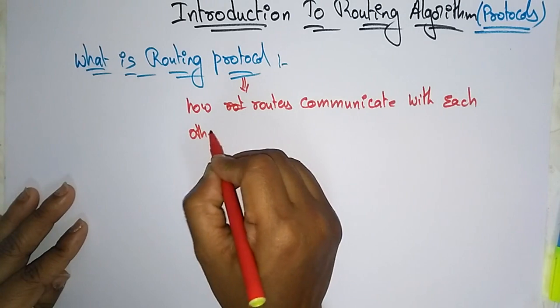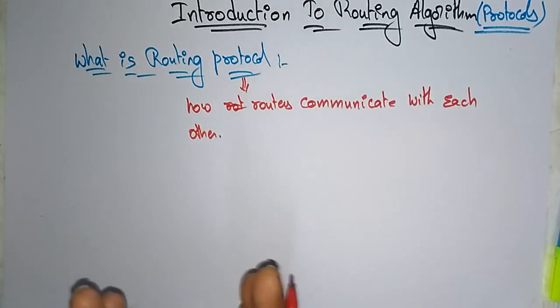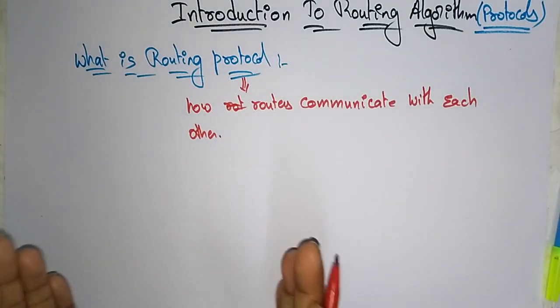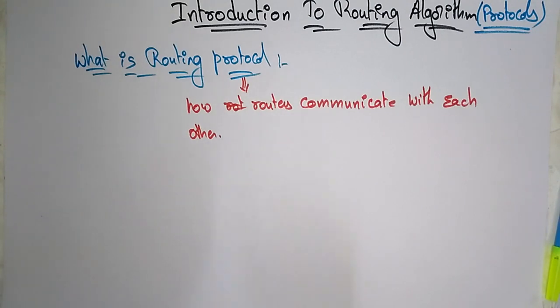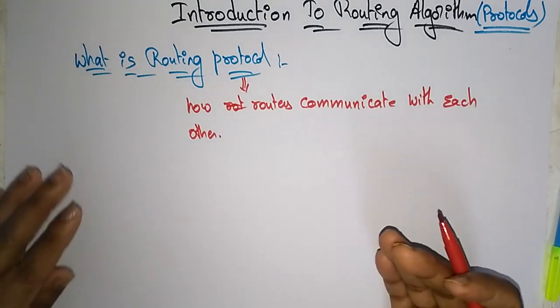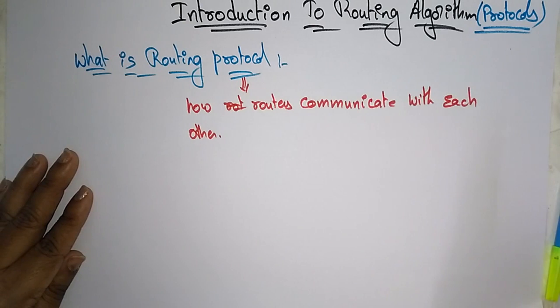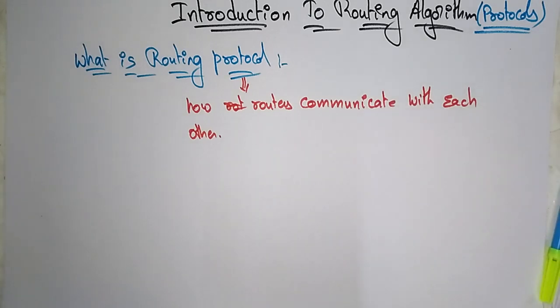A protocol is a set of instructions that has to be followed. The routing protocol specifies how the different routers communicate with each other so that the information can reach the destination safely.